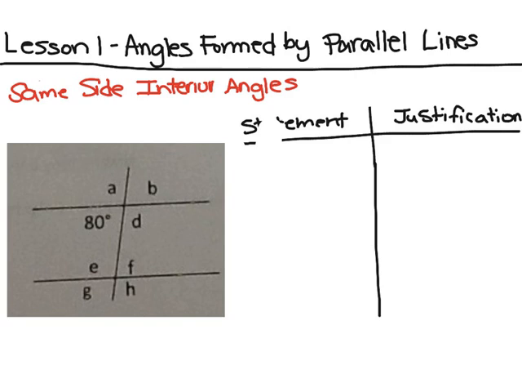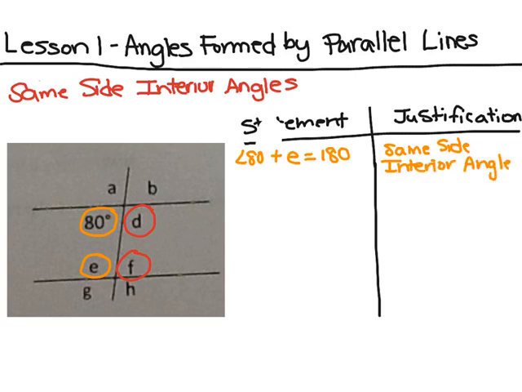Example 2, we want to prove the interior angles, and we're going to use same side interior angles to do that. What that means is if you have two angles on the same side, on the inside, they will add up to 180 degrees. So angle 80 plus angle E is equal to 180 degrees, and our reason is same side interior angles.